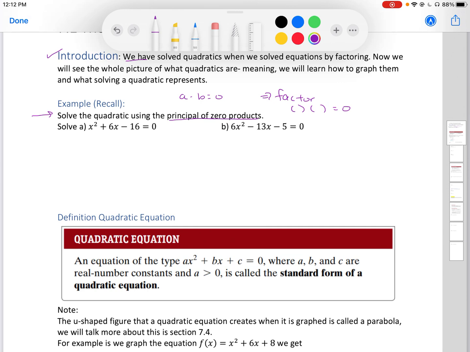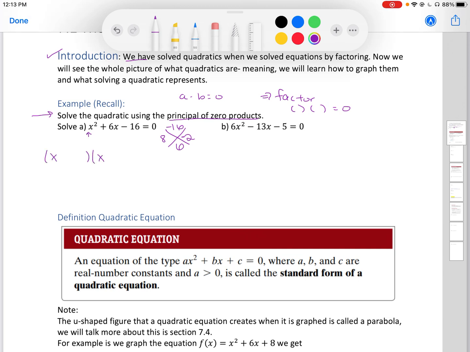All right, so let's factor this first one. What numbers multiply to give us negative 16, but add to give us 6? So 8 and 2 work, right? We need a positive 6 and the numbers to multiply to give us a negative. So that works. And so this factors because I have just an x.